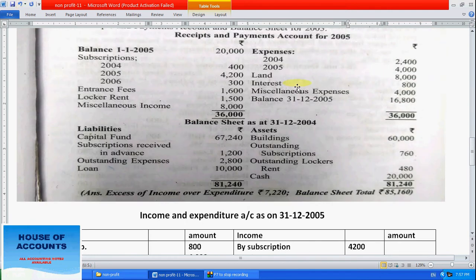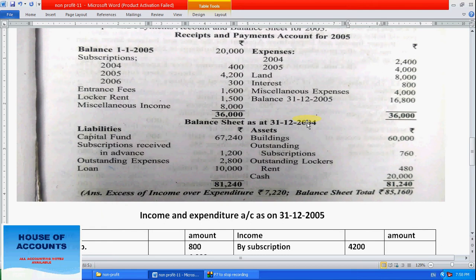Next, cash is also there, 20,000. It's opening cash, but we don't need it because the opening balance sheet is already given. Capital fund, how much? 37,240. Subscription received in advance means 1200 subscription was received in advance. When was it received? Last year.